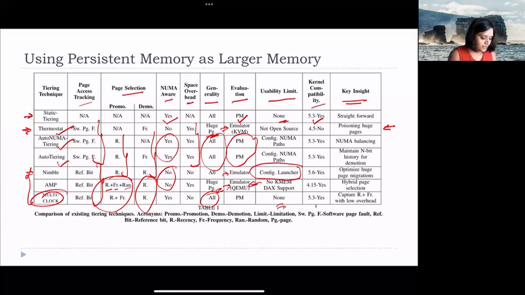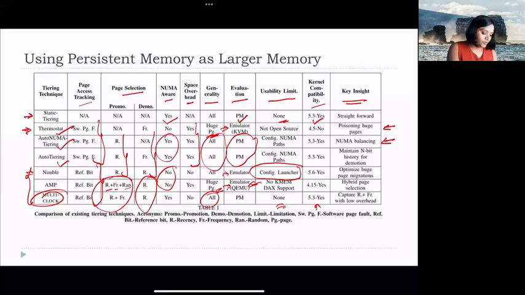Each of these versions is tested using different Linux kernels, so we just have it for your reference here. And again, the key insight of each of these research works is very interesting and novel. That's why they are research works. For AutoNUMA, the key insight was NUMA balancing.